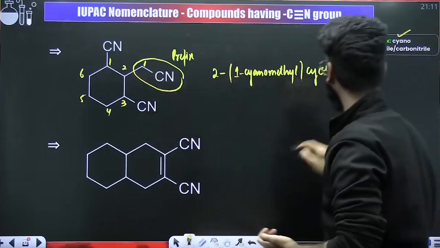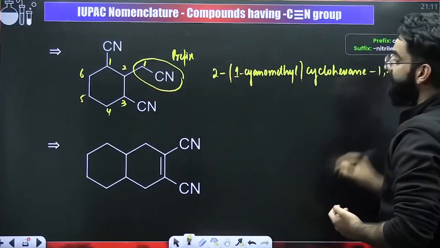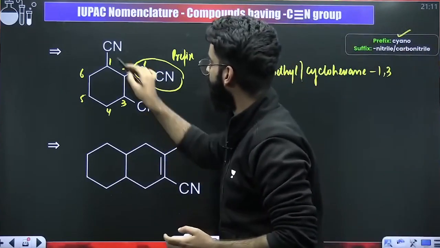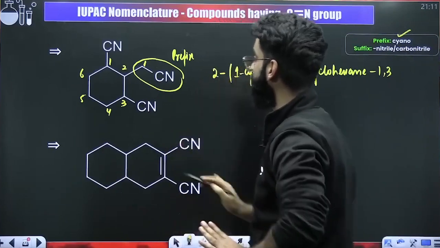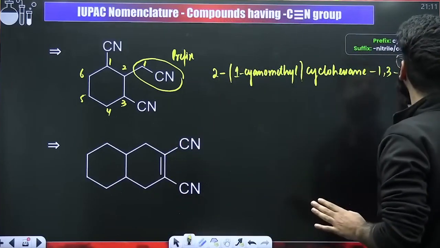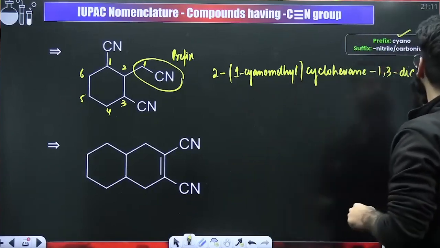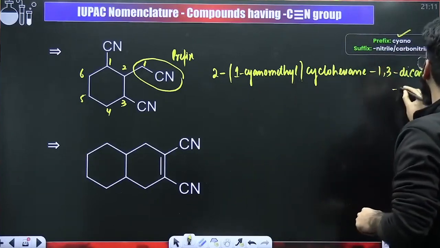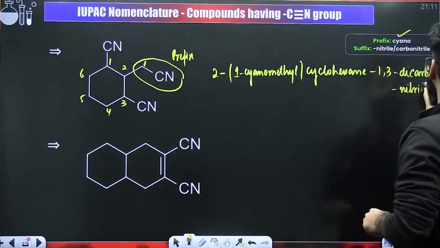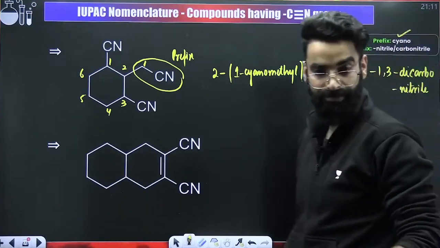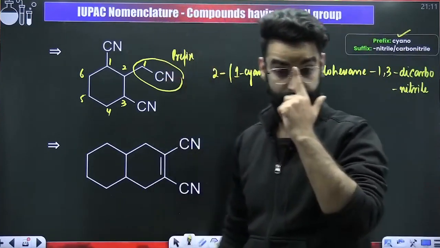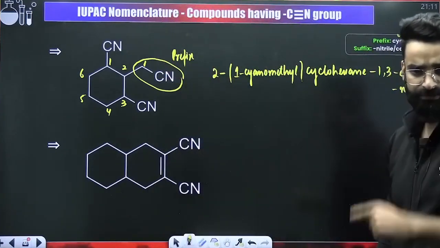At carbon numbers 1 and 3, there are 2 functional groups. None of the carbons of these functional groups is part of the main chain, so I'll be using dicarbonitrile. Did you get this one?